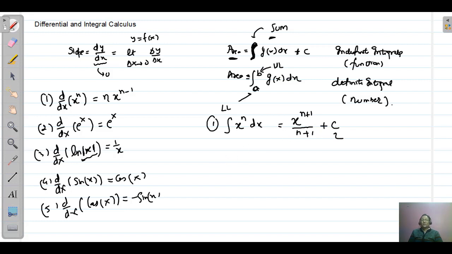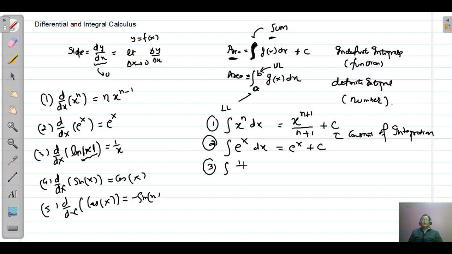This c is called the constant of integration. The integral of e to the power x is equal to e to the power x plus c. The integral of 1 by x is equal to ln x plus c.